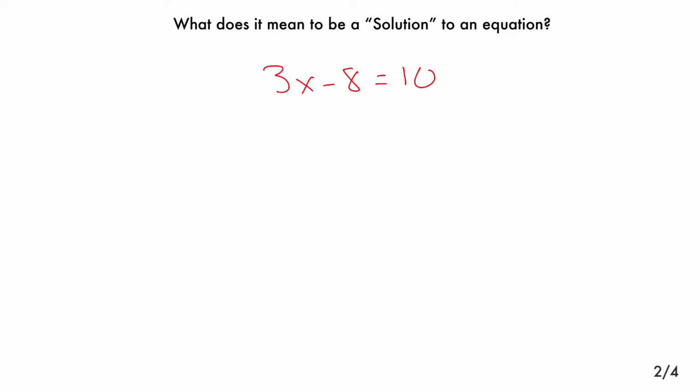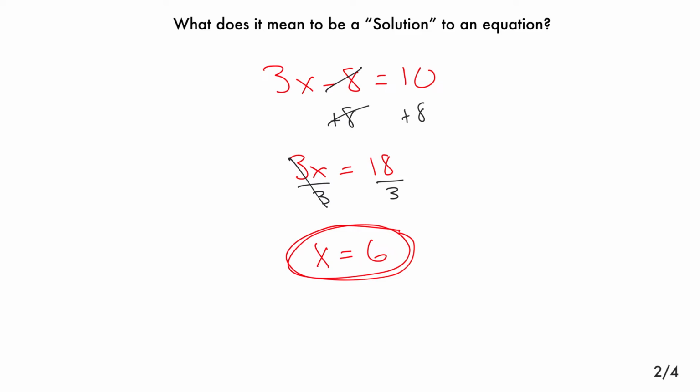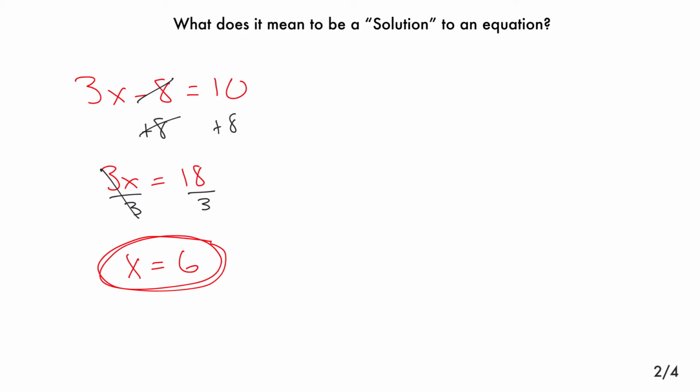And all that algebra that you learned back in algebra 1, where you add 8 to both sides to eliminate the 8s, leaving you with 3x equals 18, and then you divide both sides by 3. This entire process was just so we could discover what x is actually equal to. So in this problem, x is 6. The solution was 6.